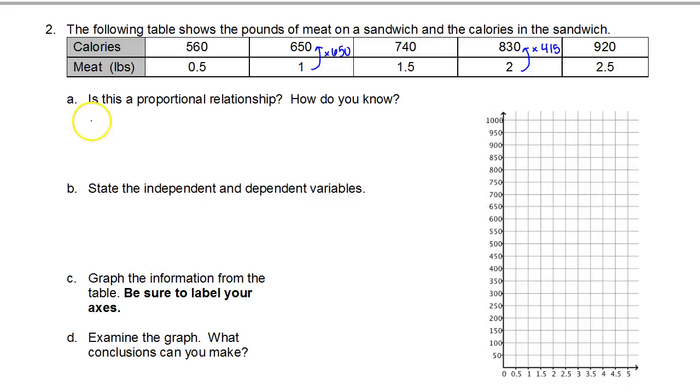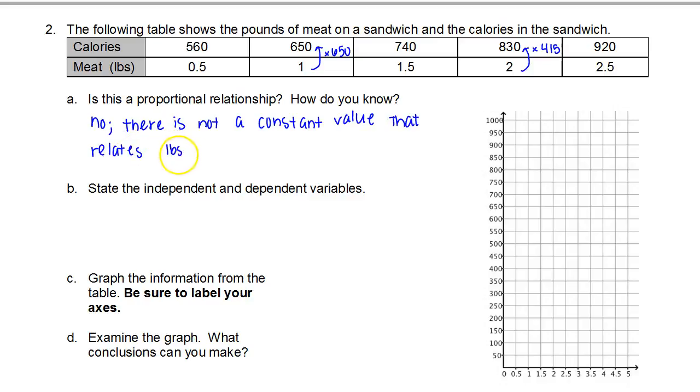So we will say that no, this is not a proportional relationship, and there is not a constant value that relates pounds of meat and calories.